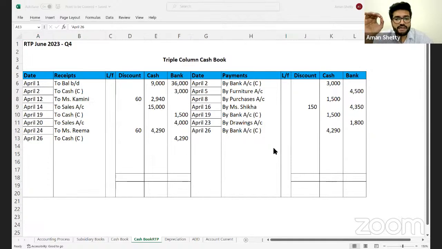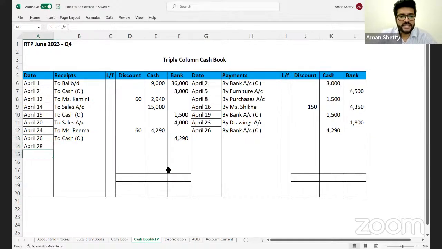Next, April 28th, withdrew cash from bank for office use 6,000. Very simple again. It is withdrawal of cash. Date is April 28th, to bank account, contra entry.